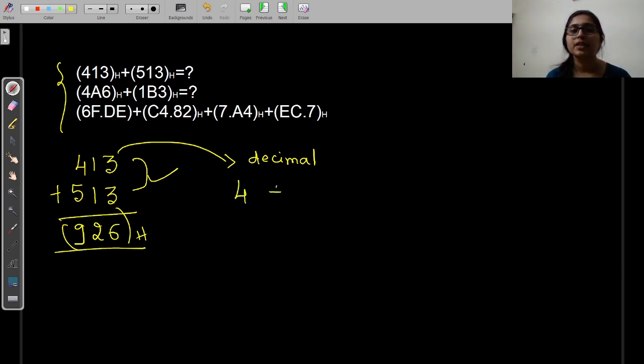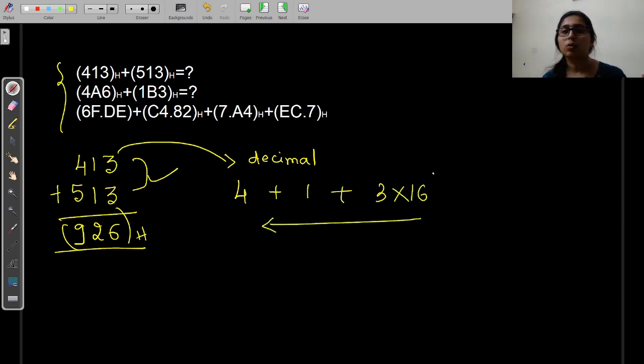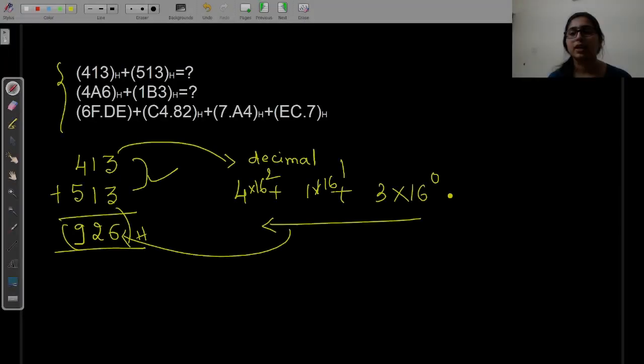Starting from right to left, the first position is 16 to the power 0, then 16 to the power 1, then 16 squared. If you had a hexadecimal point, you would have negative powers of 16 after it. So convert this to decimal, get the answer, and convert it back to hexadecimal.